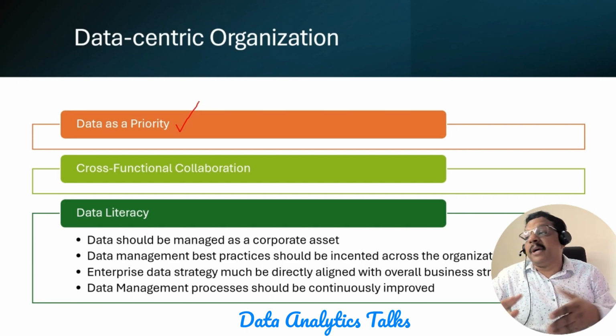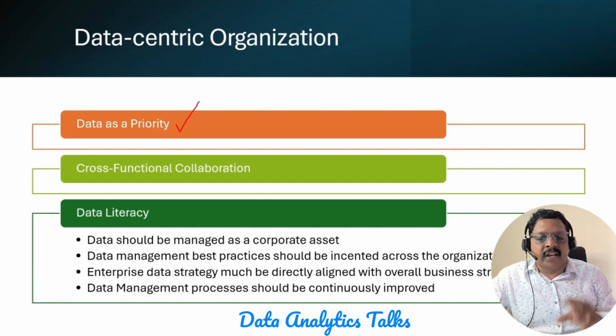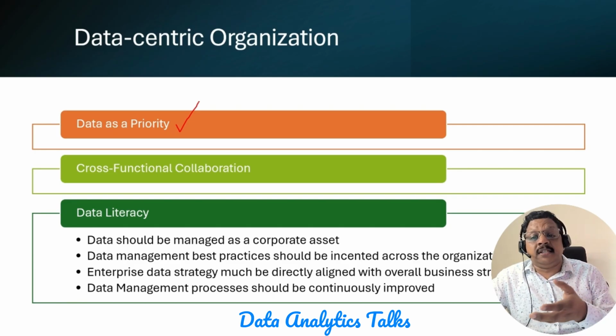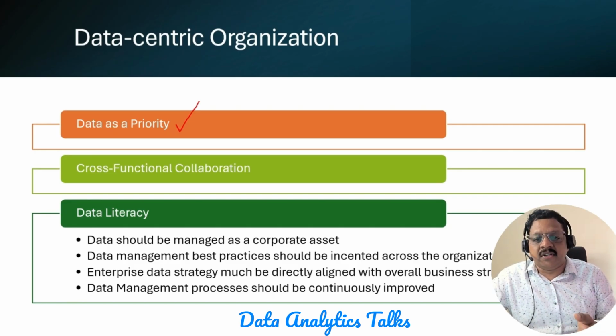To become a data centric organization, it must change the way it translates its strategy into action, because for them data is no more a byproduct. It should be a core itself, and they should ensure that the data is of high quality, because they have to achieve some business goals.